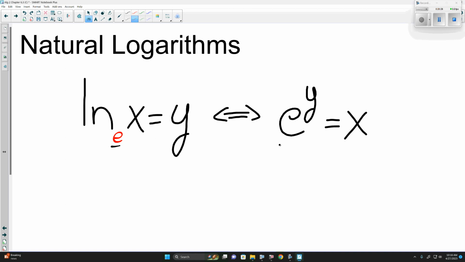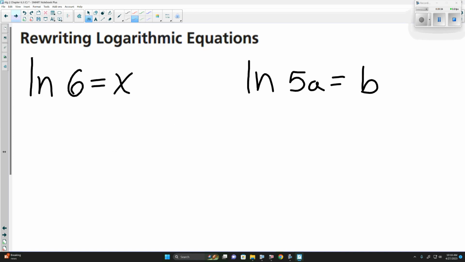I'm writing it so that we see it, but when we do it, we don't necessarily have to write it, because if it's understood, we don't have to put it there. It's the same as putting x to the first power, or putting the 2 inside of a square root. We just know it's there.